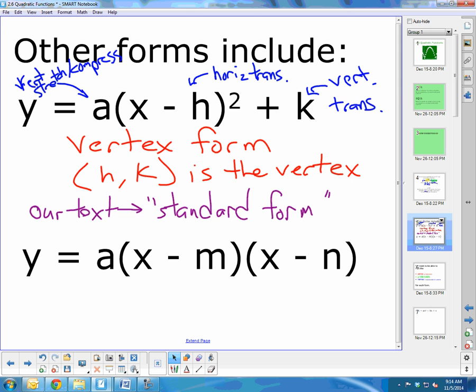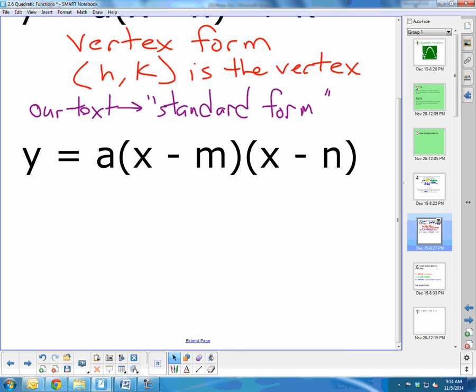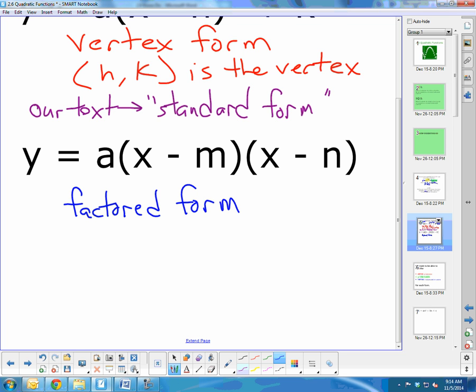This next one below here, it can be called factored form, and it can also be called intercept form. Both are acceptable depending on the interpretation. We would call it factored form because we have two factors, two things being multiplied together, (x minus m) times (x minus n).